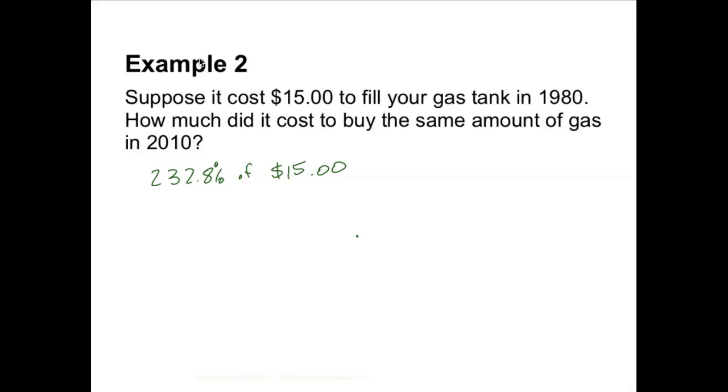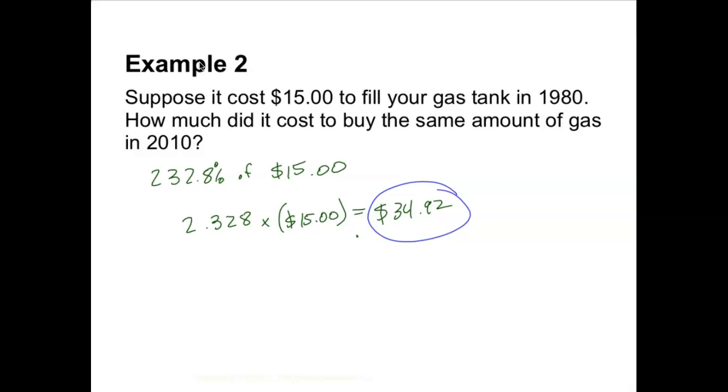So 232.8 as a decimal is 2.328. And now I can change the "of" to just multiplication, and multiply that out. We end up with, it's going to cost you $34.92 in 2010.